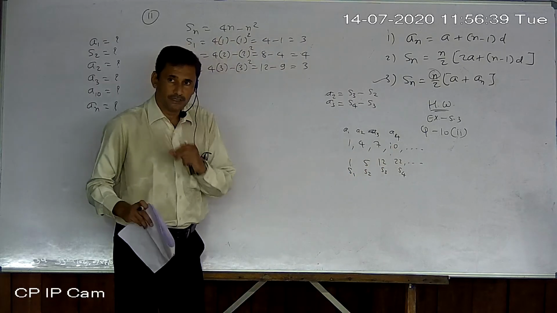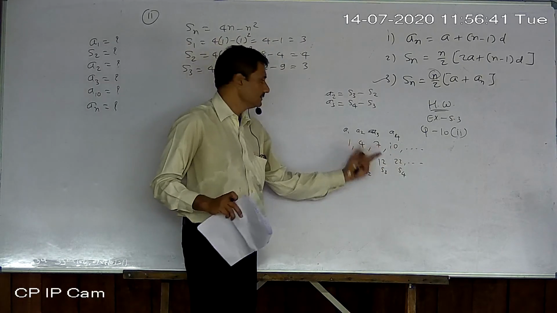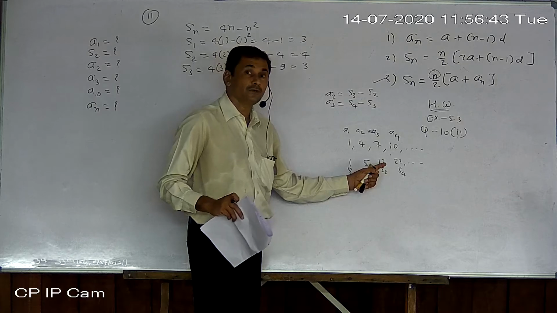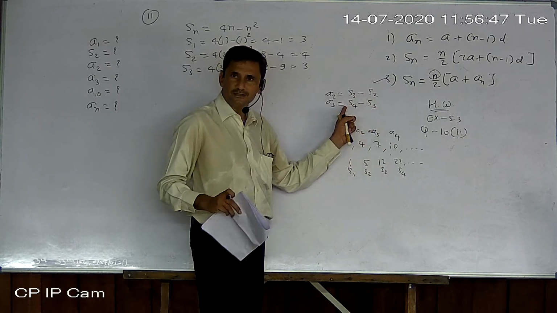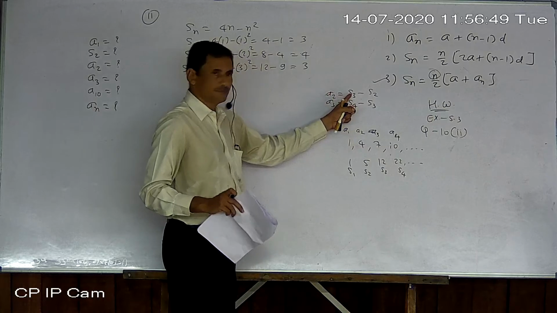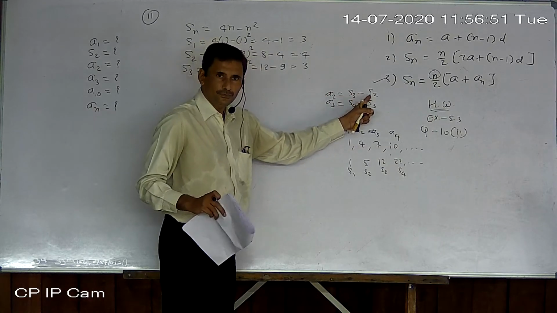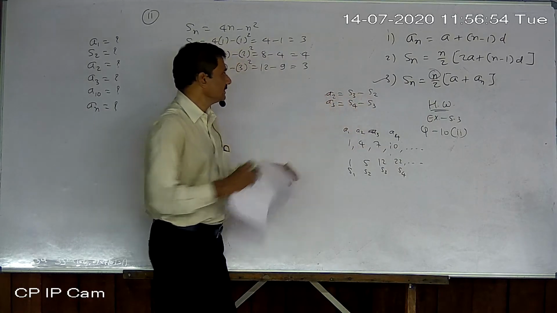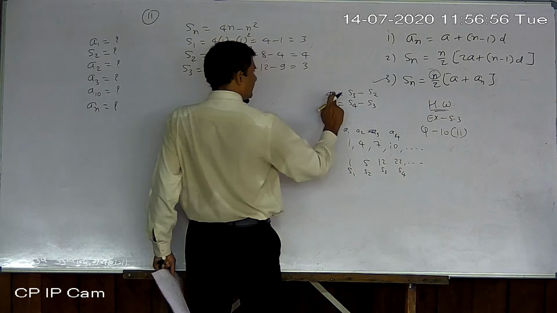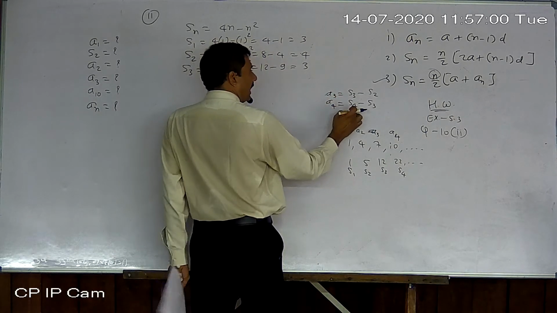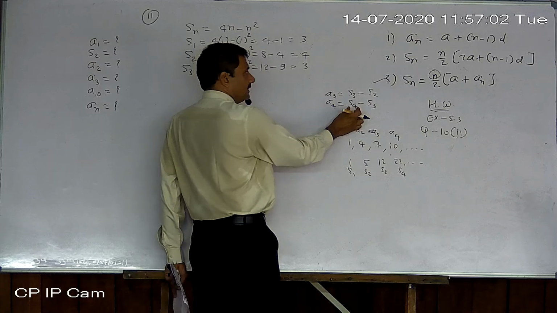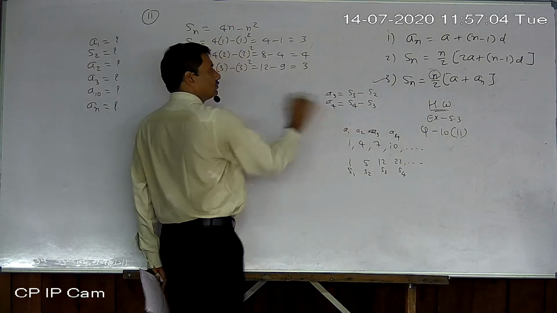If you subtract the sum of the first 3 terms, what is left? The last term only. So that is not difficult. Out of the first 3 terms' sum, the first 2 are removed, so whatever is left is the third term only. Now, out of the first 4 terms' sum, the first 3 are removed, whatever is left is the fourth term only.